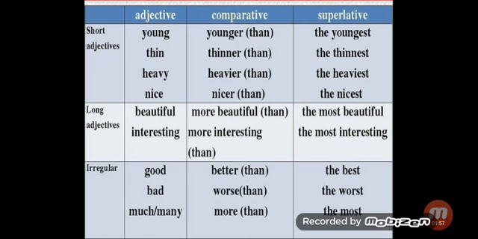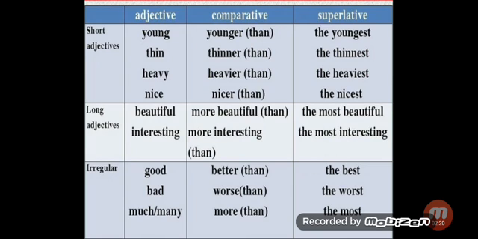Degrees of comparison of 2-syllable and polysyllabic adjectives. Most 2-syllable adjectives and adjectives consisting of 3 or more syllables form the comparative degree with the word more, and the superlative degree with the word most.